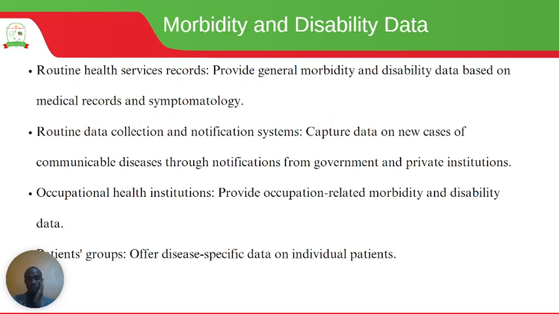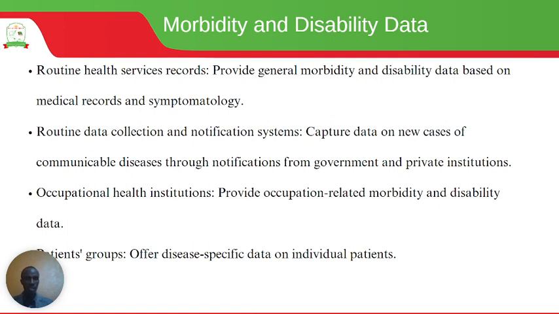So this data will be got from the health facility sometimes, and it provides general morbidity and disability data based on the medical records and study of the symptoms that have been recorded in those medical records. And then we can also get this data about morbidity and disability from routine data collection and notification systems.